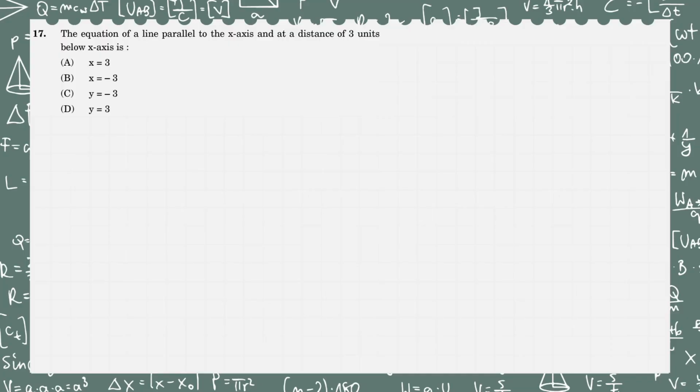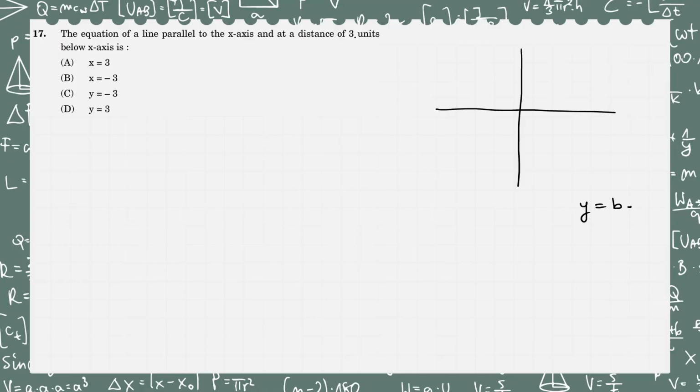The equation of a line parallel to the x-axis and at a distance of 3 units below the x-axis is... Okay, one thing we have to understand is, just a while ago in another sum I told you that any line parallel to the x-axis will have its equation of the form y equals some b, right?